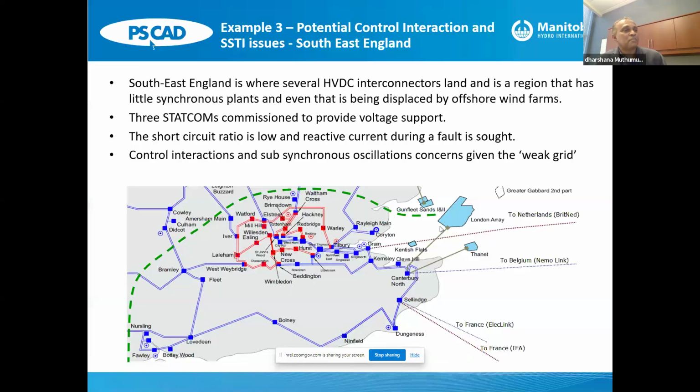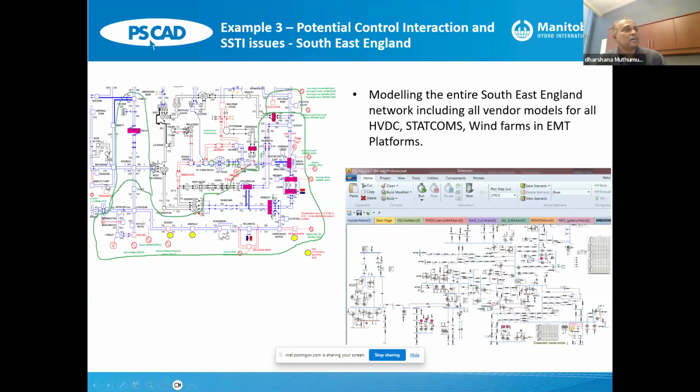I have some other examples. In the UK, we had to do a study to support the connection of 3 large STATCOMs in the so-called south coast of England. There are a lot of offshore wind and HVDC connections terminated in this area.